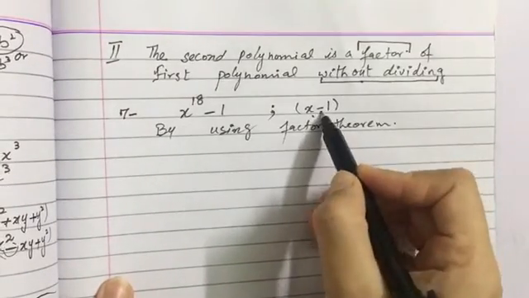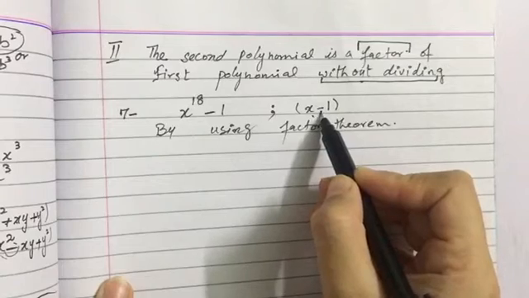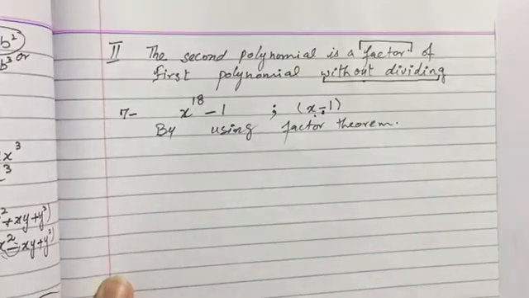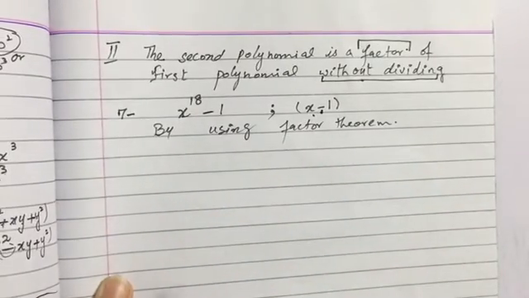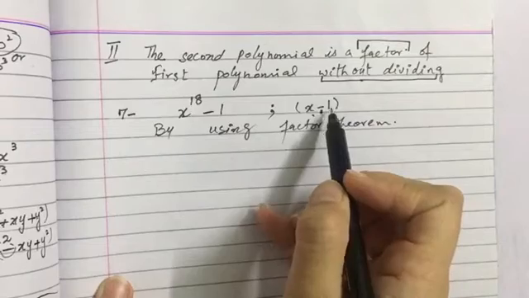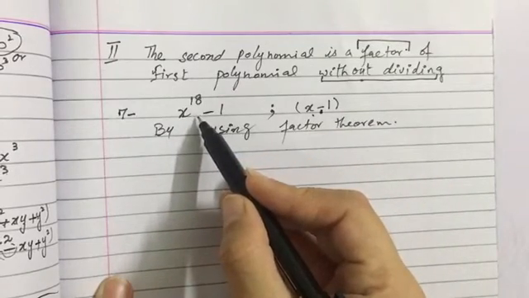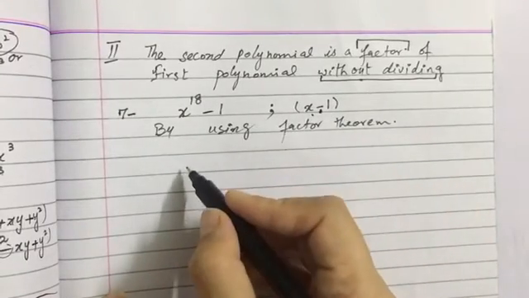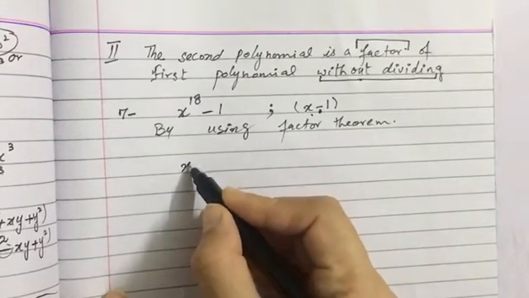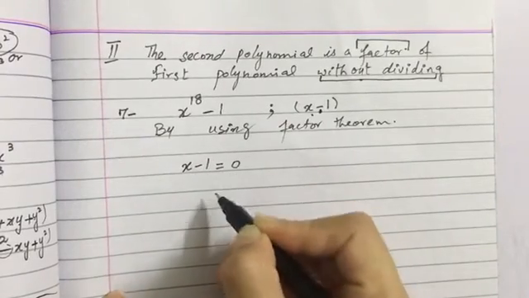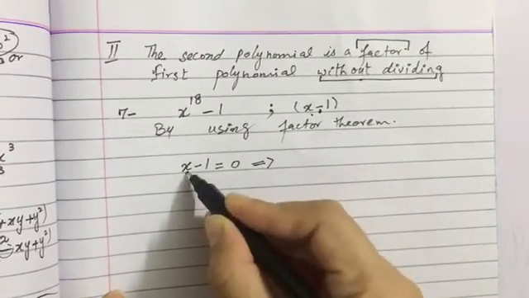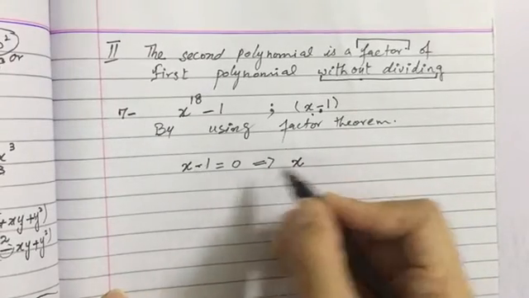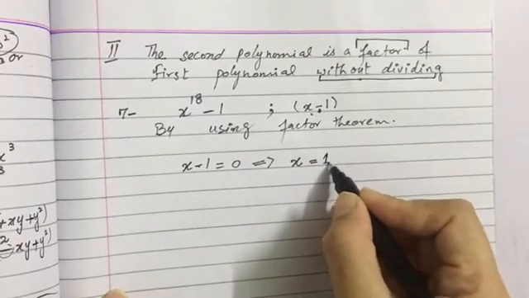If we put the value of 1, derived from x minus 1, in this polynomial and we get remainder 0, then x minus 1 is a factor of the first polynomial. How can we get the value from x minus 1? We put x minus 1 equal to 0 so that we can derive the value of x. Minus 1 transfers to the other side, so the value of x would be 1.